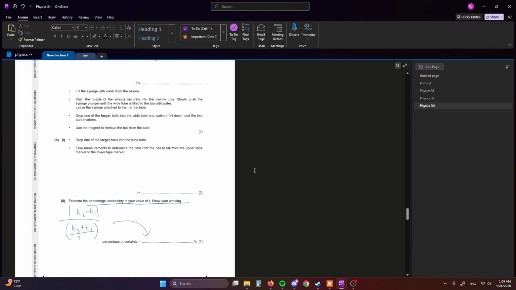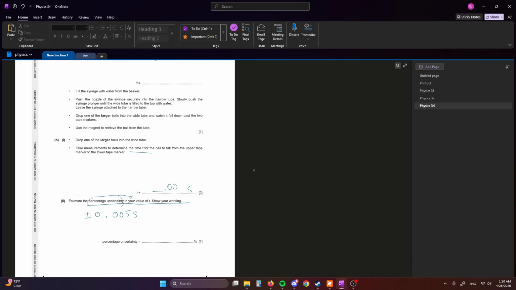And how we get this, wait, actually this is the wrong part, sorry, tweaking. It says percentage uncertainty. So t in this case is the time, so it's going to be 0.00 seconds. Then our absolute uncertainty is going to be 0.005 seconds.